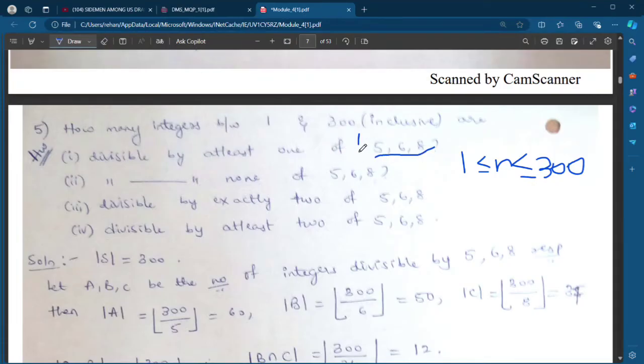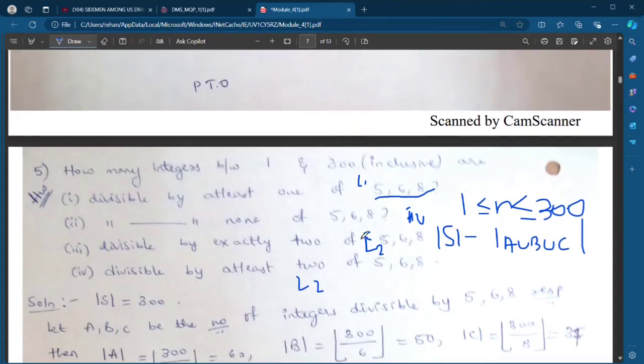L of 1, L1 you have to do. Then divisible by none of the following, none of means 5, 8, 6. We have to take the intersection of complements. So mod S, 300 minus A union B union C you have to do. Then divisible by exactly 2, so E of 2, then divisible by at least 2, so here L of 2.